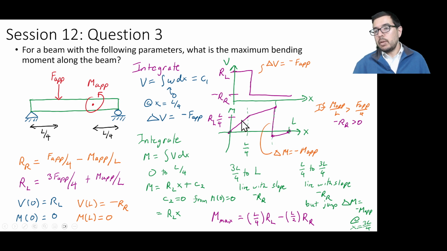And so by graphing things out, we can look at the system and determine where the maximum bending moment is. Again, it's very important to be able to visualize and create these graphs based on what's happening with the differential and integral relationships.